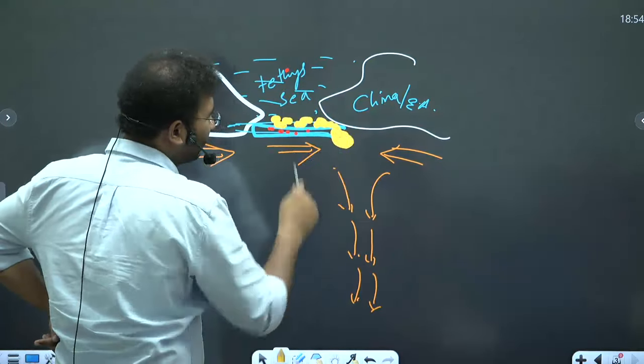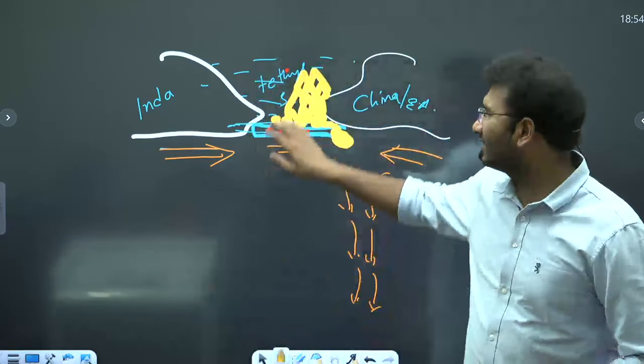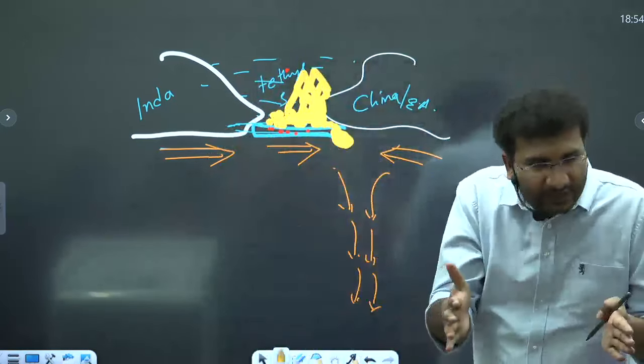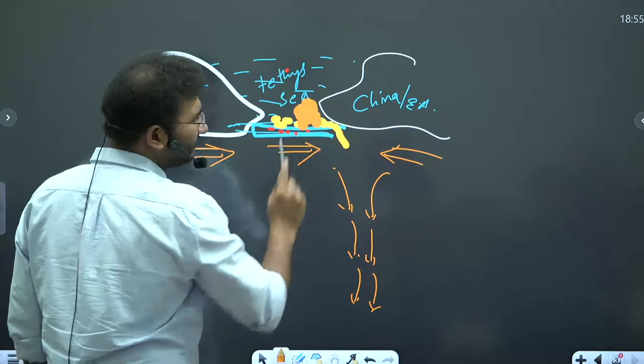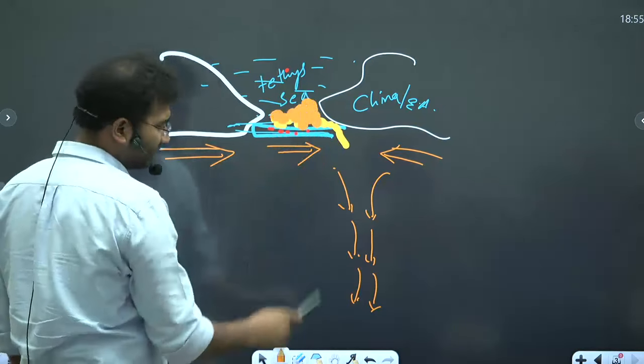But some sediments, if you remember, I also told you that accretionary wedges shall be formed. All the sediments that are on the ocean come together and collect. Over a period of time, you get to see the folding of the plate. Here, all the sediments, which I'll draw in a different color, will start to accumulate. Accumulation of the sediments took place.